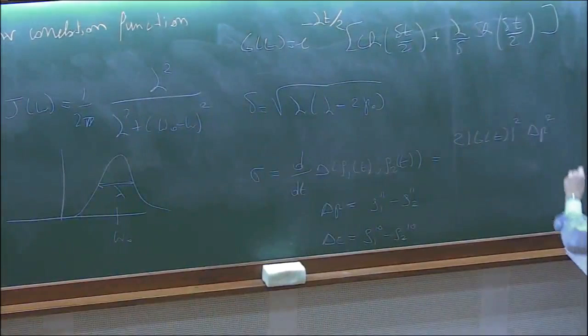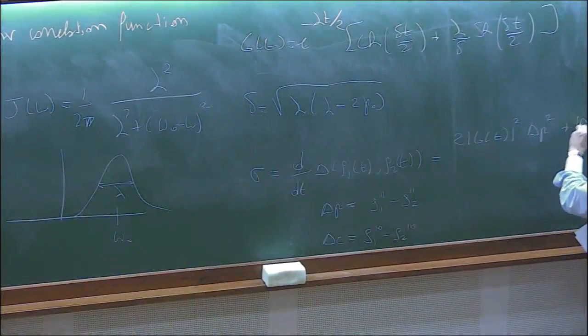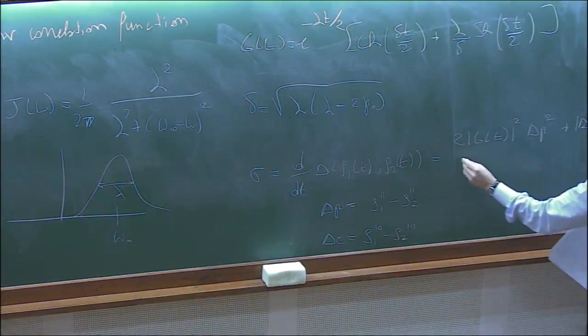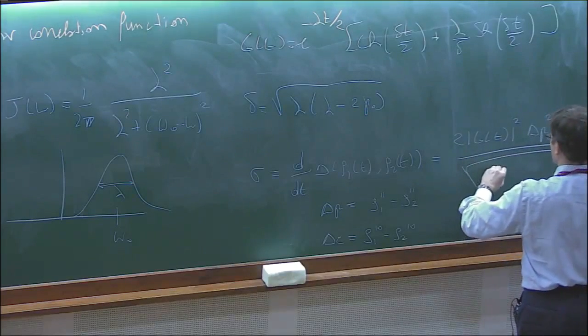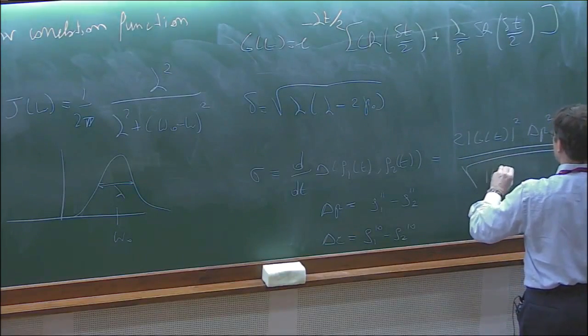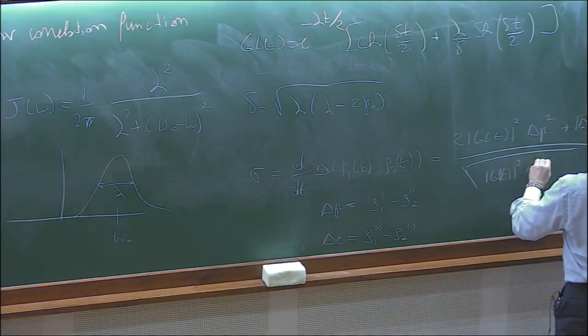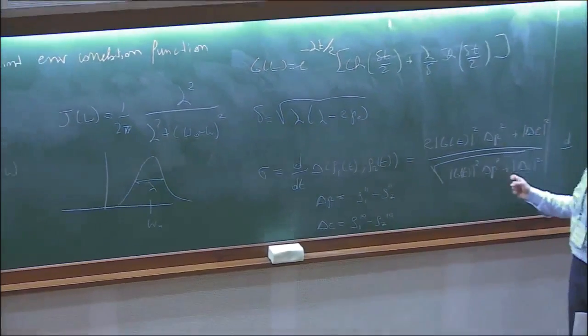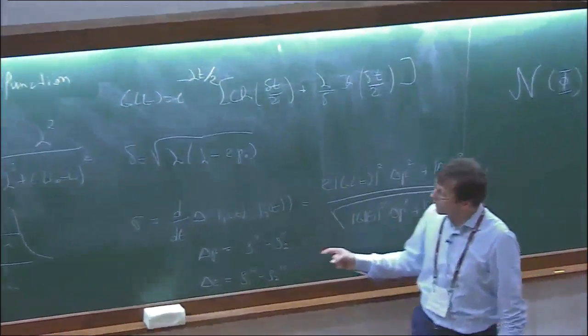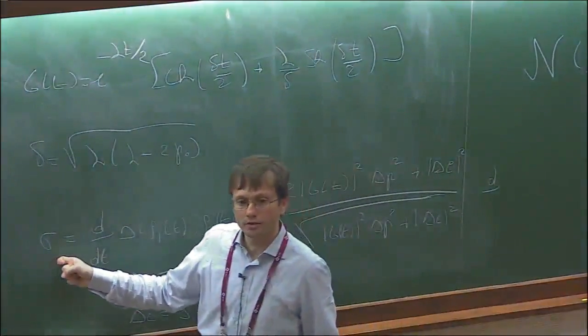And this appears as follows. It's the modulus square of this quantity, which is in general complex, divided by the square root of the modulus square of g of t times delta p squared plus the modulus squared of delta c. This is not the relevant part because it has a definite sign, and we are looking for where there's a change in sign of the time derivative.